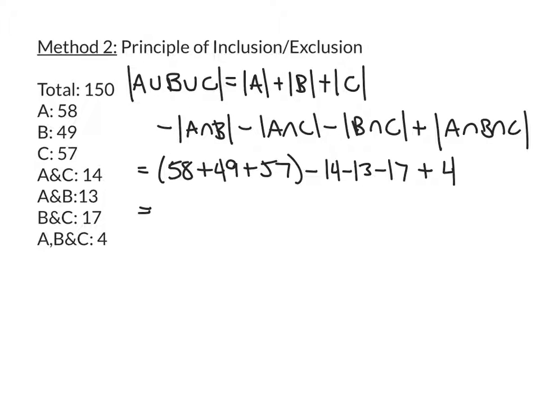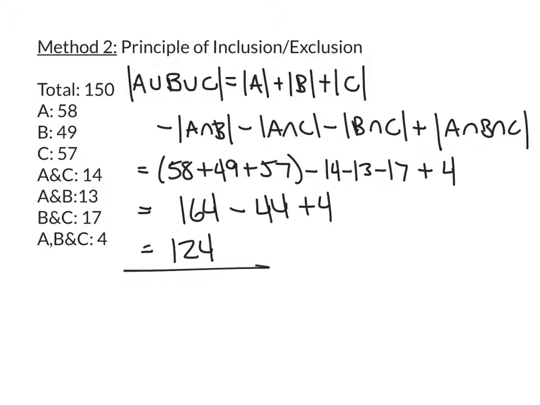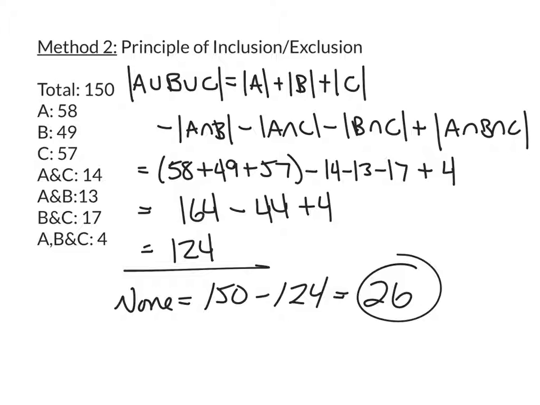Doing so, we'll end up with 164 minus 44 plus 4, which is 124. Of course, this is all the people that drink A or B or C in any sort of combination. The question asks us how many people don't drink any soda at all. So we would start with the 150 and subtract the 124 people that drink at least one kind of soda, and again we're left with that 26.